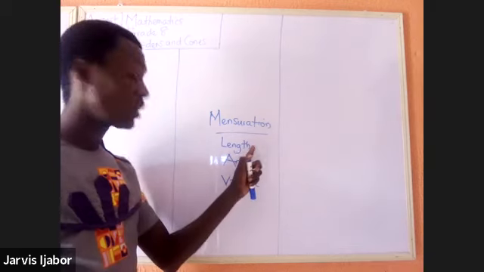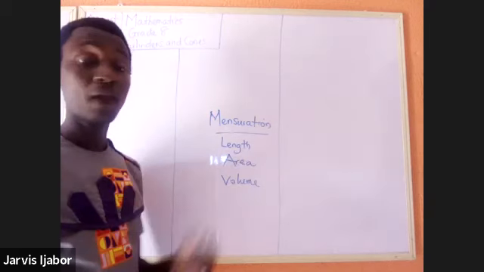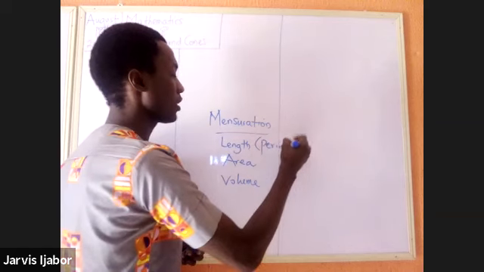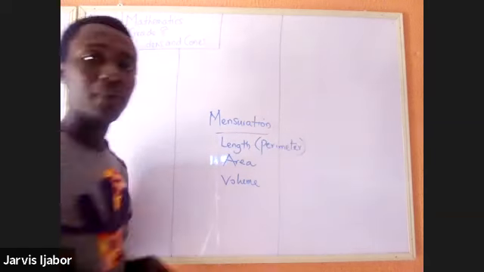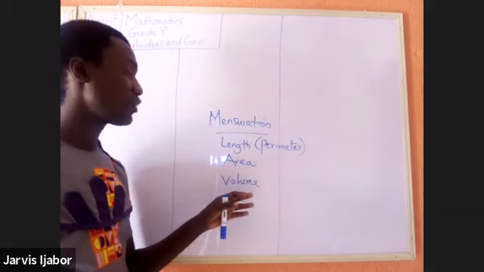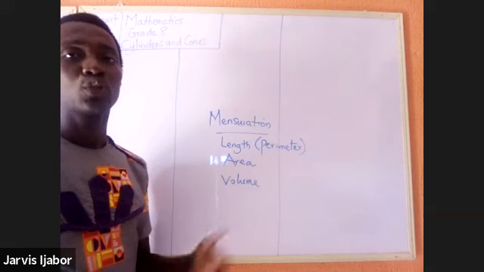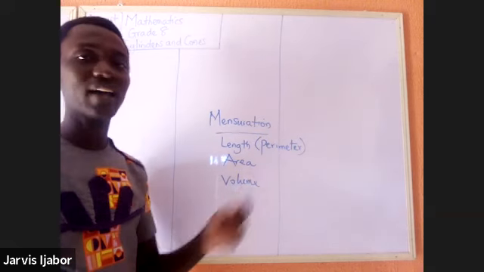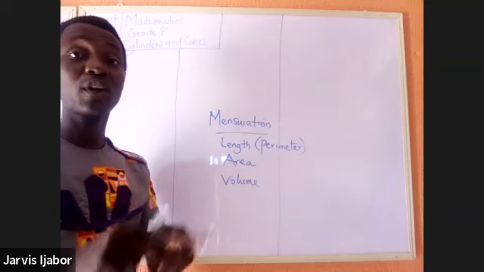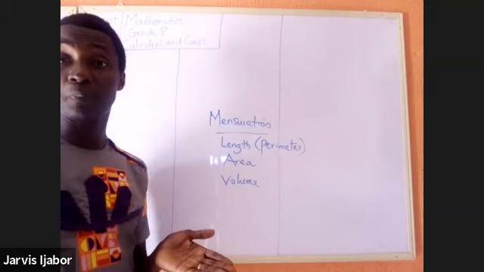So you can measure length, or let's upgrade it a little, we'll call it perimeter. You can measure perimeter, area, and volume. You can't measure perimeter if the figure is not closed. And if the figure is not closed, then it's not a shape.